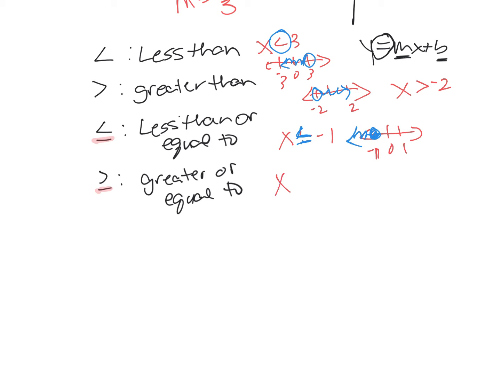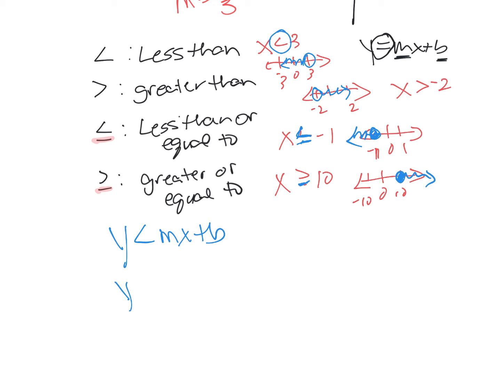And then if we had x is greater than or equal to, I don't know, 10, we would say 0, we would have our 10, we have our negative 10. We would color it in, we would say it's closed because of this equal sign right here, and we would shade to the right.